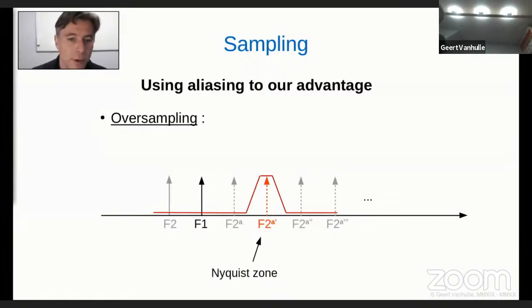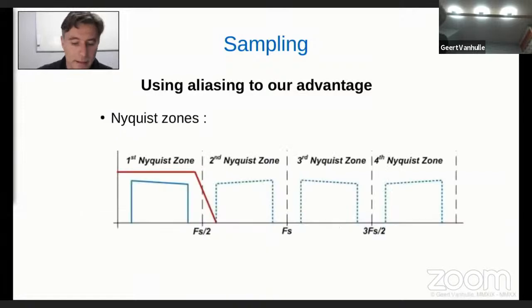A Nyquist zone is the range of frequencies where we would not encounter the second series of aliasing frequencies. And this is better demonstrated here with the drawing. The Nyquist zones are every time half of the sample frequency. So we have a first Nyquist zone that is between 0 and half of the sampling rate.